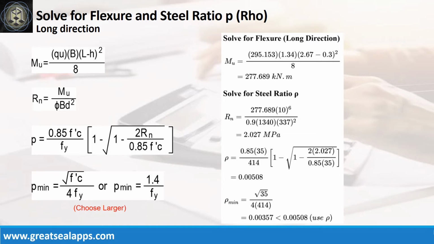Given resistance factor equals 0.9, B equals 1340 mm, and D equals 337 mm, the beam design ratio Rn equals 2.027 MPa, and reinforcement ratio Rho equals 0.00508.